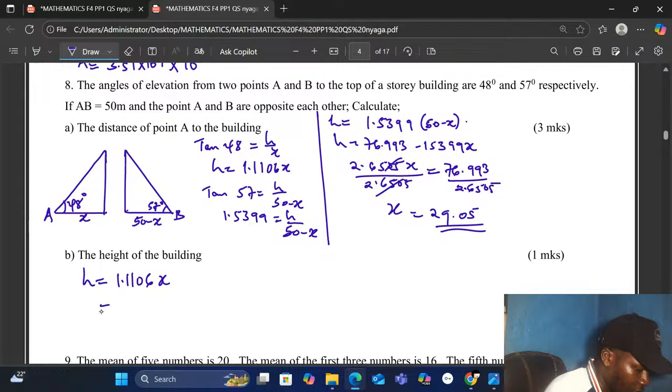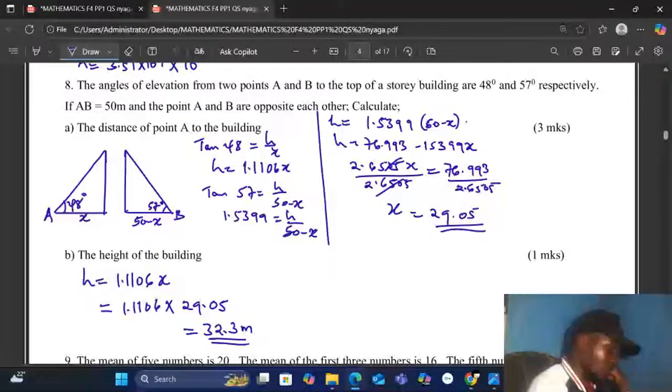Therefore, h will be equal to 1.1106 times 29.05, so that our answer becomes 32.3 meters.